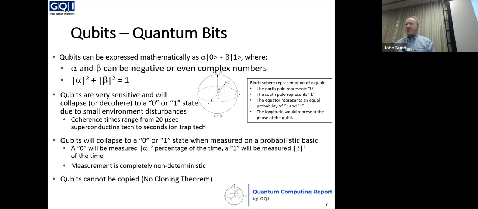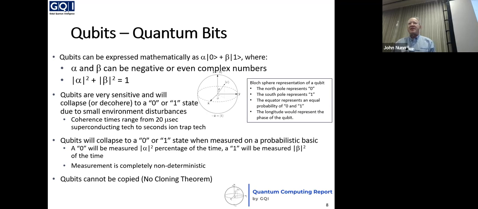The representation for that is this little sphere, called a Bloch sphere, where you could still have 0 and 1. 0 would be the North Pole, 1 would be the South Pole, but you can essentially have the state on the equator of that sphere, and that is something where it's a probability of 50% 0, 50% 1.